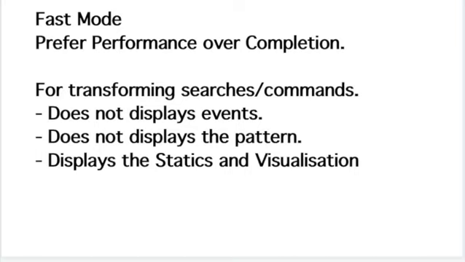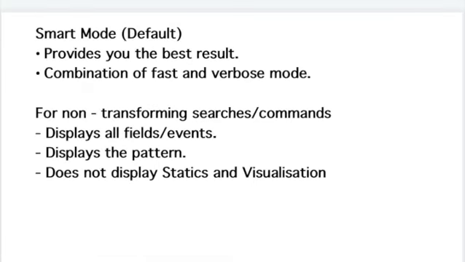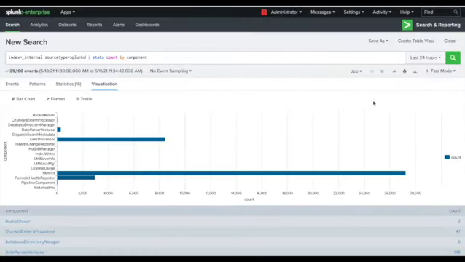Now let's go to the next, smart mode. The smart mode always provides you the best result. It is a combination of fast and verbose mode. Okay, so how to choose it?